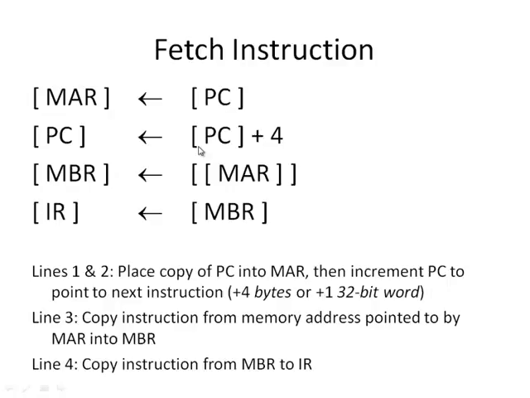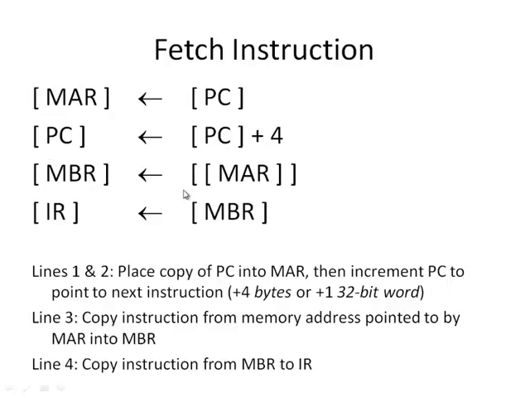We're then going to increment the program counter, in this case by 4 bytes, so that it points to the next instruction. So this is a 4-byte, a 32-bit processor. So incrementing the program counter to point to the next instruction and storing that value in the program counter.